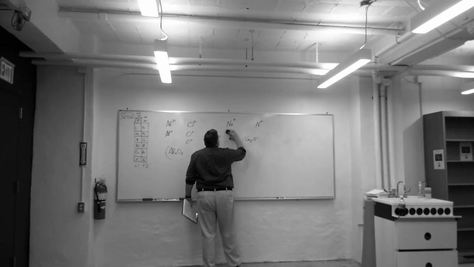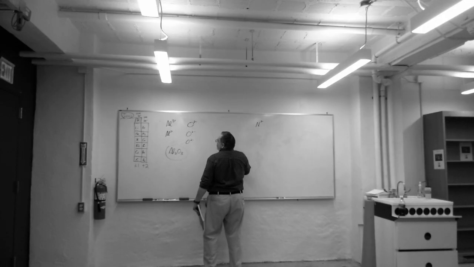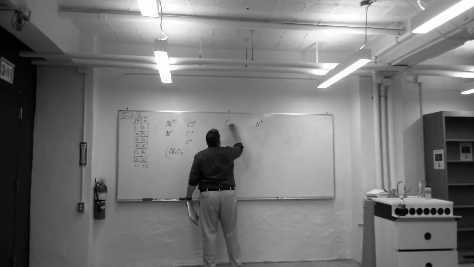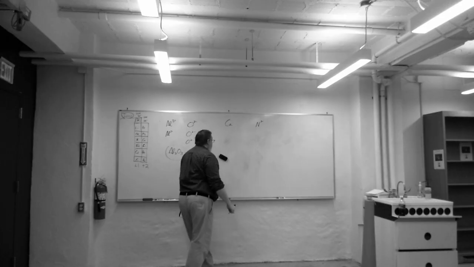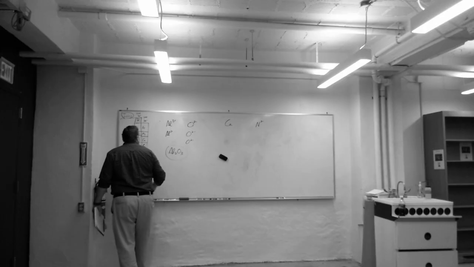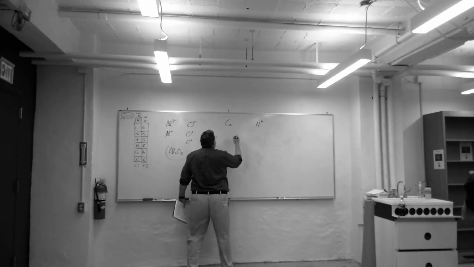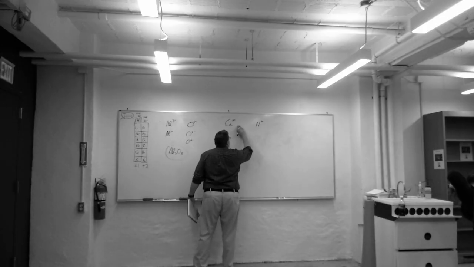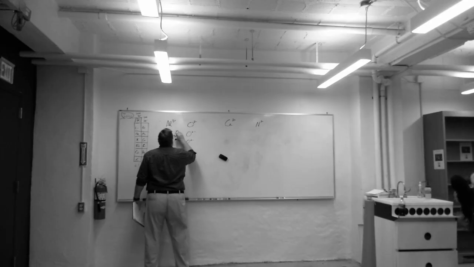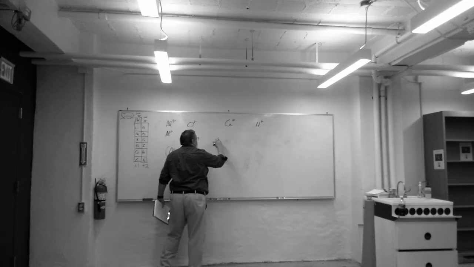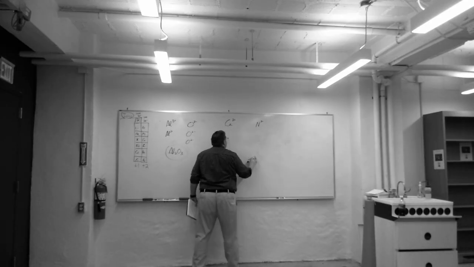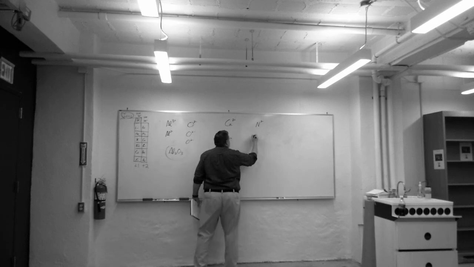So that's the logic, but let me do this. What if I did this? What's the charge on calcium? Yep, this is 2 plus. So this is the same situation when we've got a 2 here and a 3 here. Over here, we had a 3 on the metal and a 2 on the non-metal. Here we have a 2 on the metal and 3 on the non-metal. But it's the exact same idea.